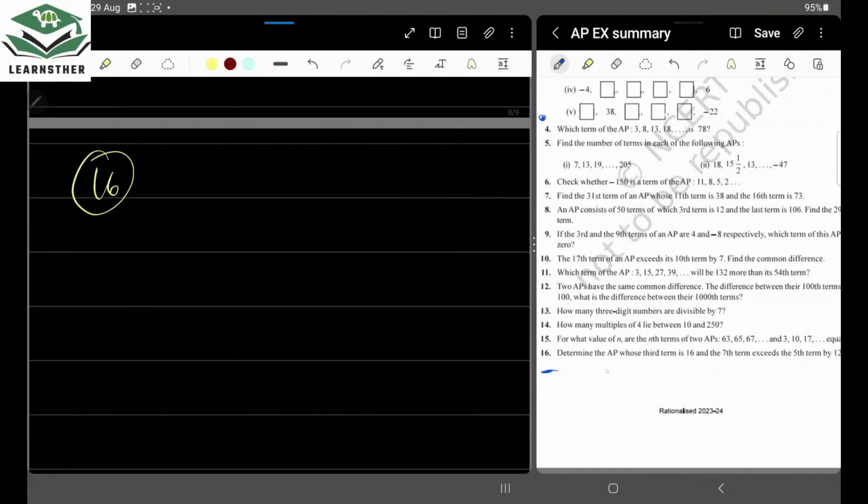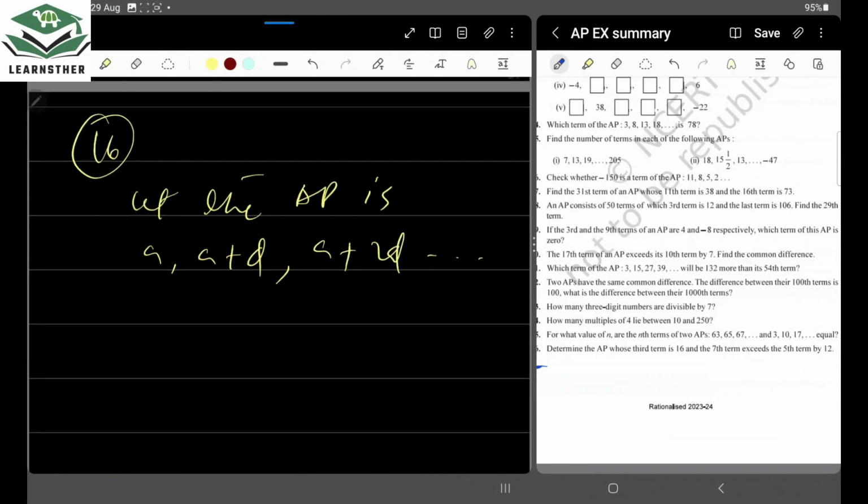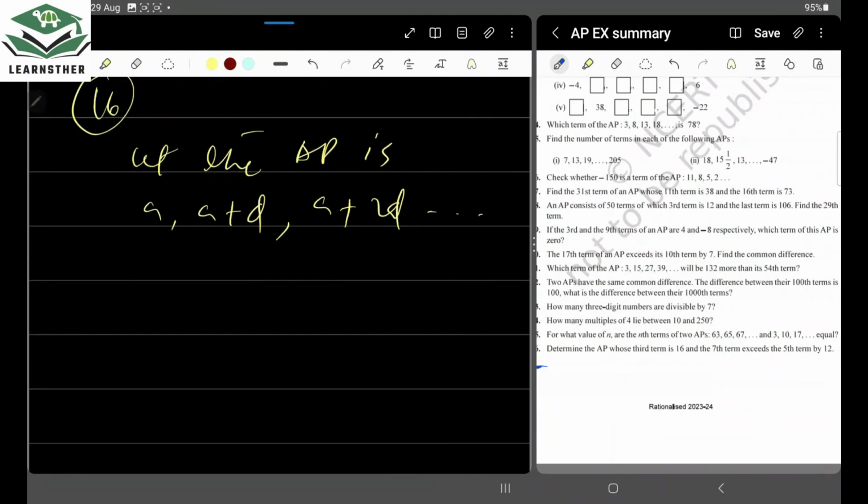Okay, determine the AP whose third term is 16 and the seventh term exceeds the fifth term by 12. Let the AP be a, a plus d, a plus 2d, and so on. Whose third term is 16 as per the question.